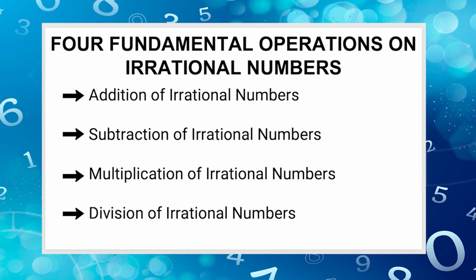However, the sum, the difference, quotient and product of irrational numbers are not always irrational. To understand it, let us perform few fundamental operations such as addition, subtraction, multiplication and division on irrational numbers.